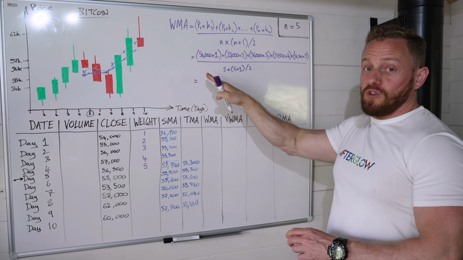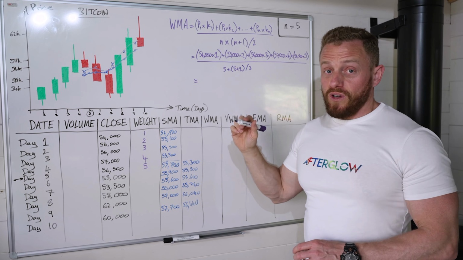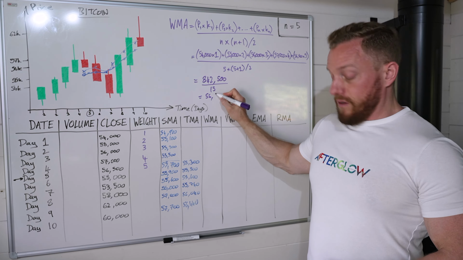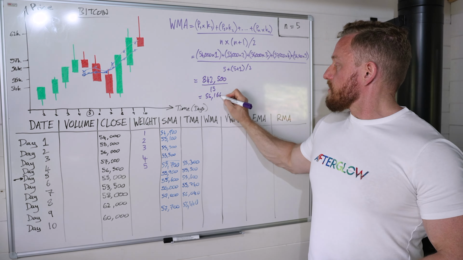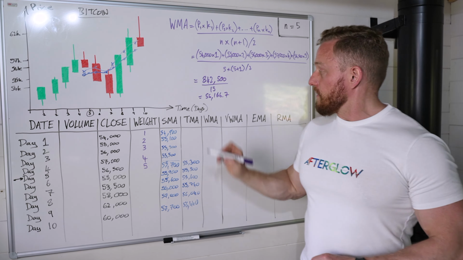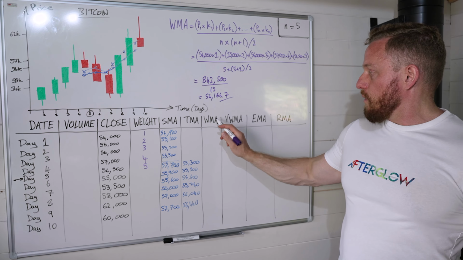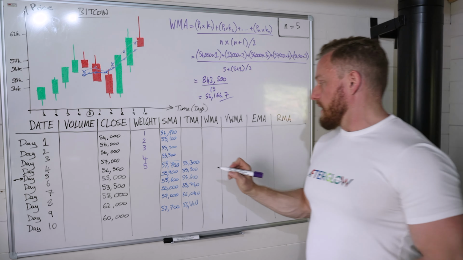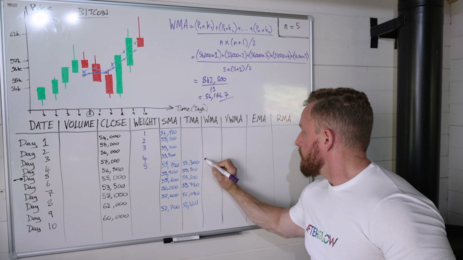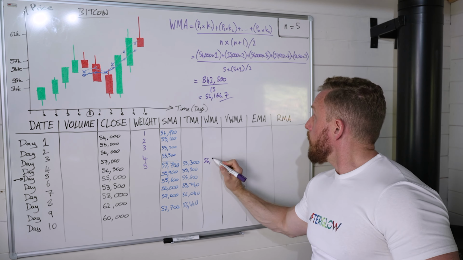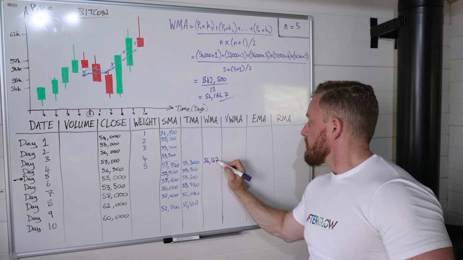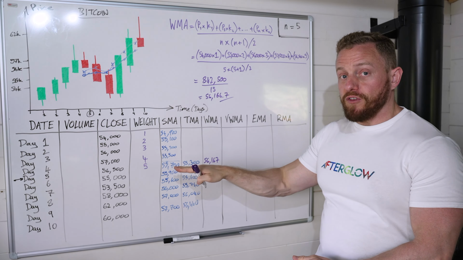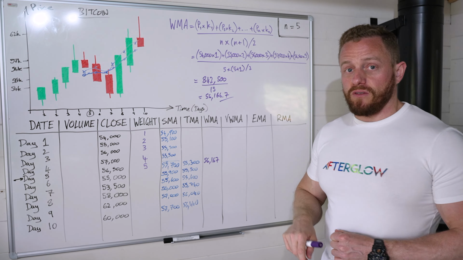So if we just plug in all these numbers and work it through, that comes to 56,166.7. So that is the weighted moving average value on day 5. So we can now write that in, 56,167. And now we just apply the same formula and move forward one by one on each of the days.